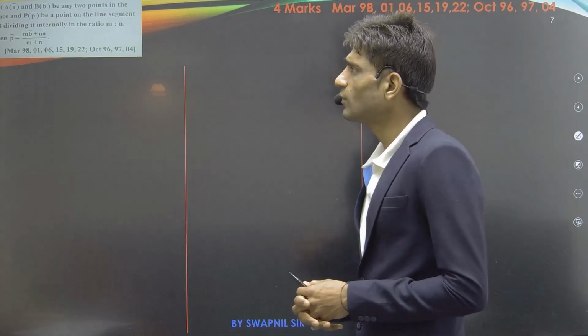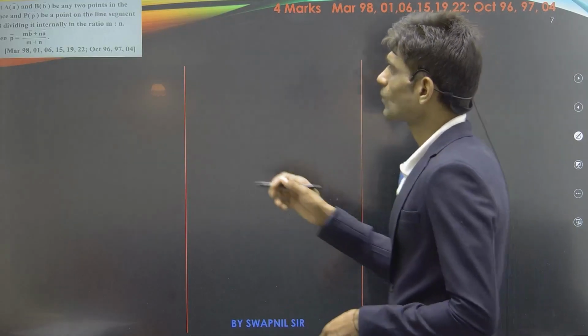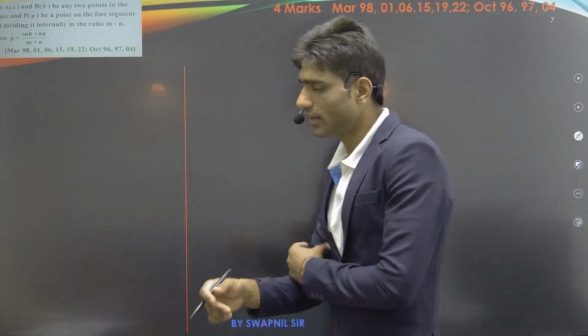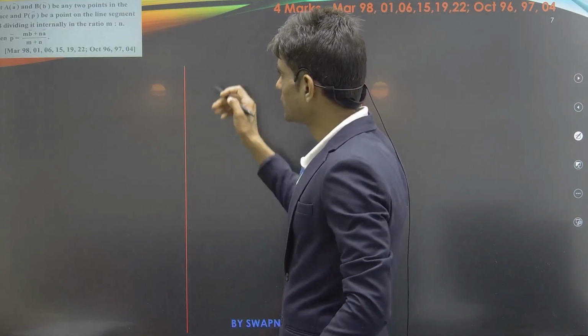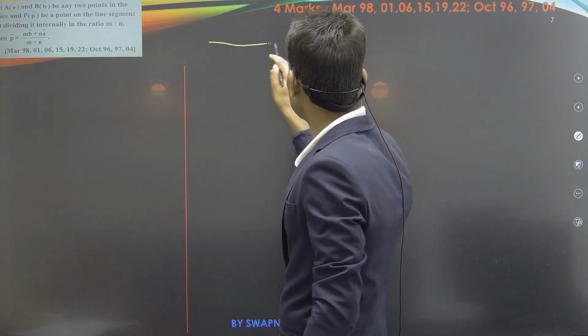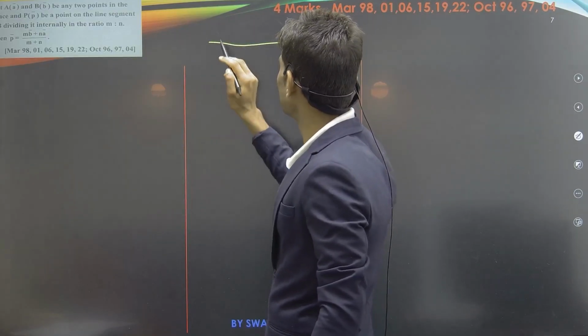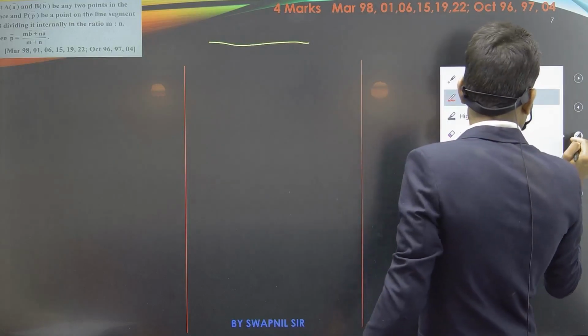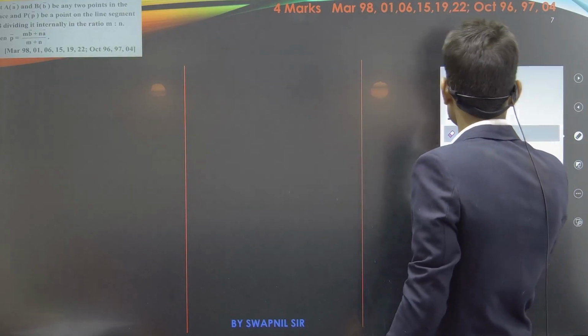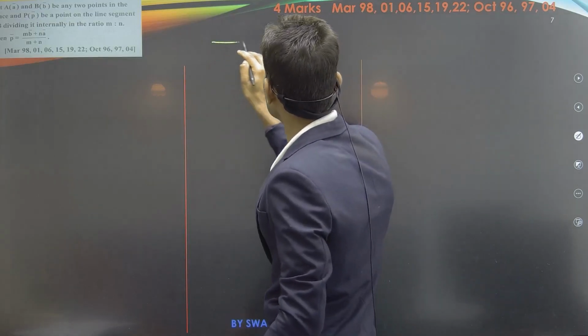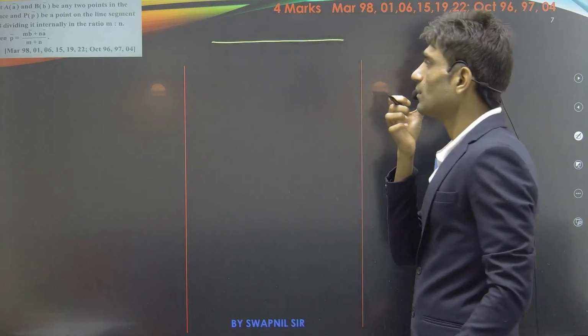Let's draw the figure given in our question. A of a bar, B of b bar, C of c bar are the vertices given. Now let's plot the figure. So we have a triangle like this, with this base of our triangle.